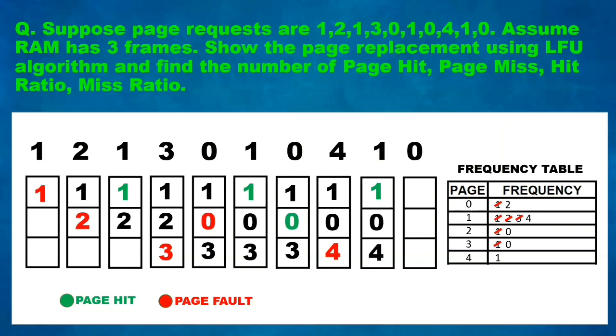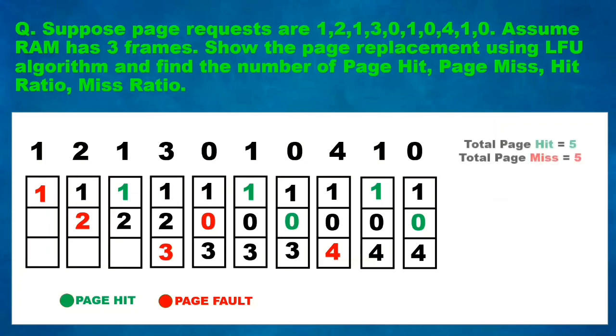Now the page request is 0 and 0 is present inside the RAM. So it is obviously a page hit. So the frequency of 0 is now 3. That means page 0 is requested 3 times. Okay, so that is how the LFU page replacement algorithm works.